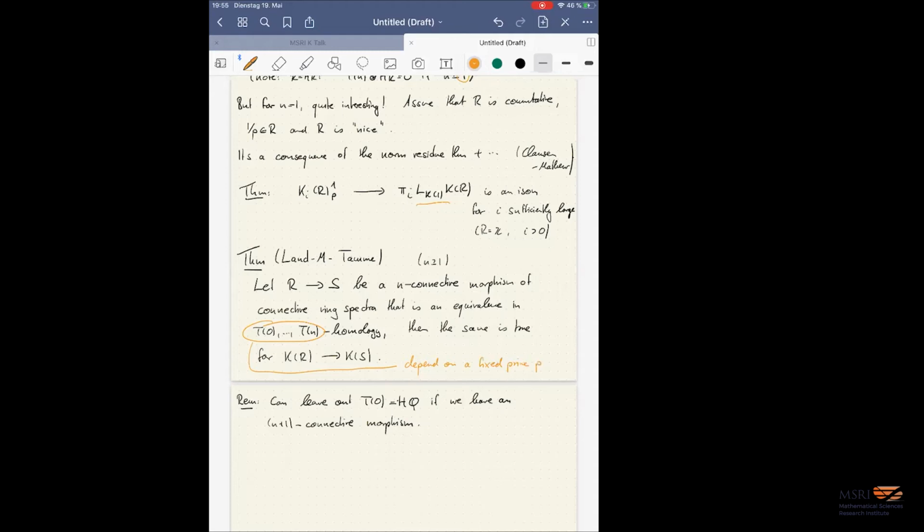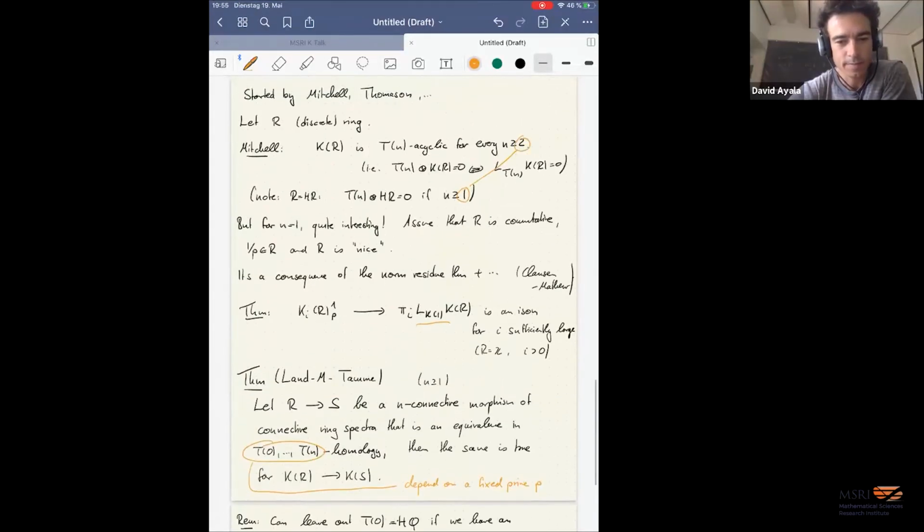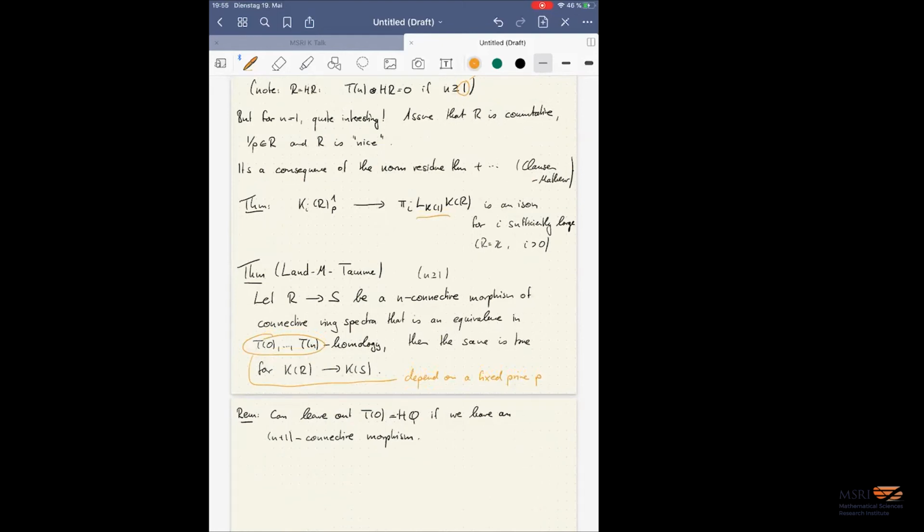This is a bit unfortunate notation, but T(0) is independent, it's always rational homology, while T(n) is certainly dependent on the choice of a prime p. Certainly. Okay, thanks. What I should have also said maybe is that a K(1) equivalence is the same as an equivalence in mod p complex K-theory, but this may also be confusing because then I have topological K-theory in there and algebraic K-theory here.